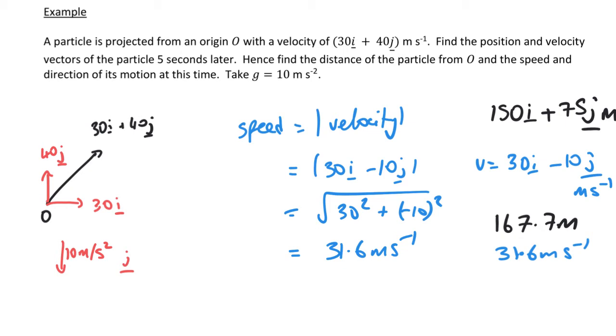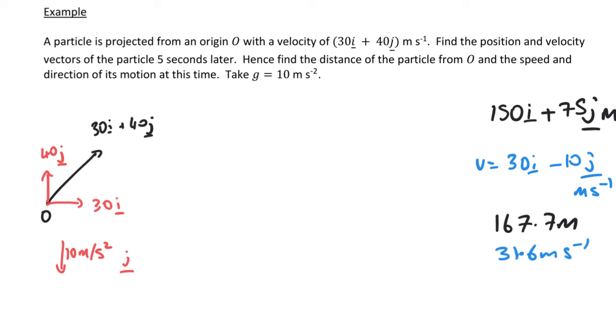And the final thing we were asked for was the direction of its motion at this time. So what we know, at t equals 5, the velocity is 30I to the right and then 10J down the way. So if we're trying to work out the angle, it's the angle beneath the horizontal.